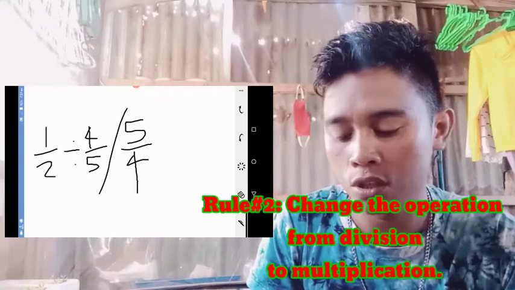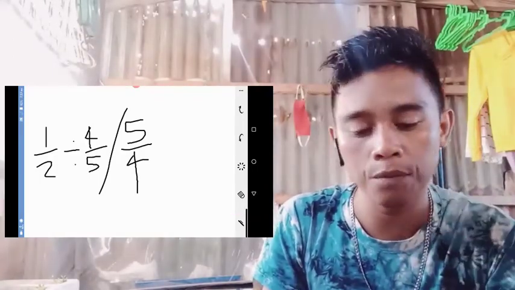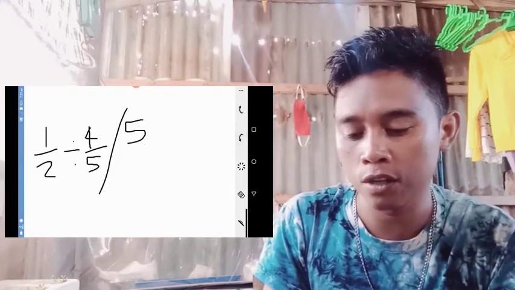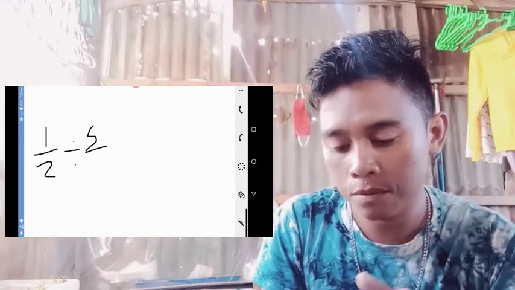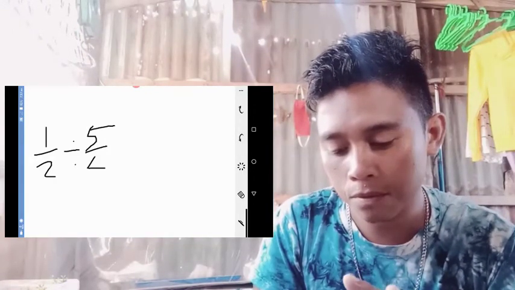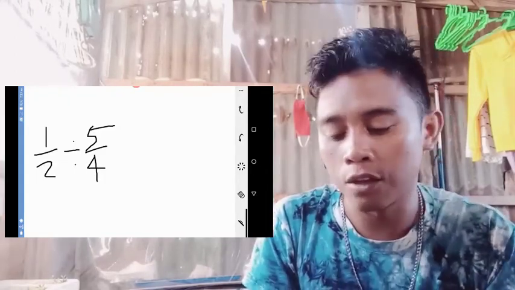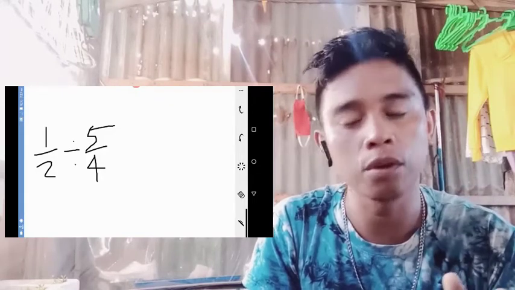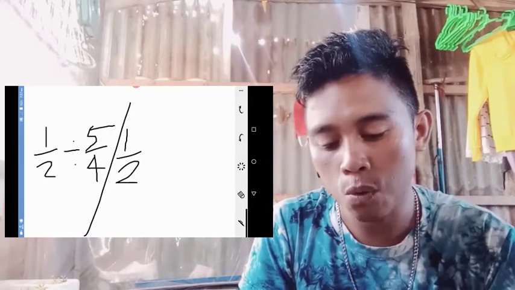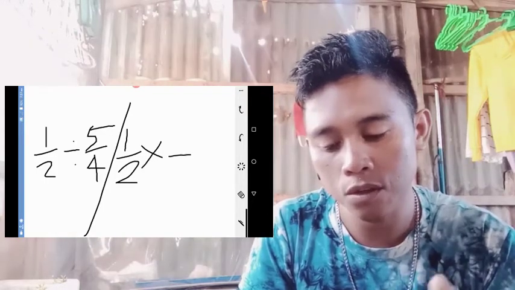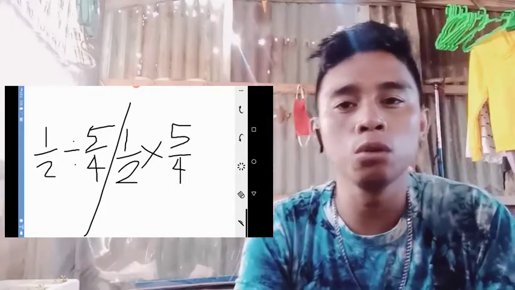Since we have 1/2 divided by 4/5, which becomes 1/2 divided by 5/4, the reciprocal of 4/5, we are going to change the operation from division to multiplication. We now have 1/2 times 5/4.